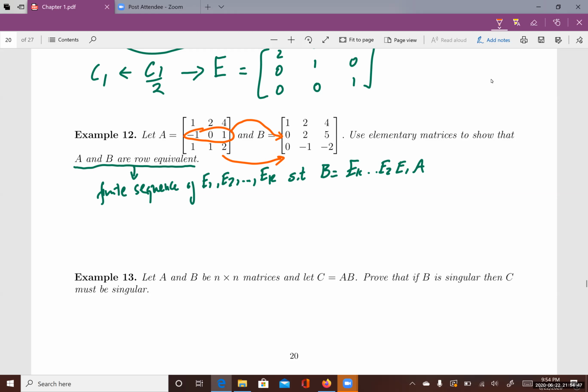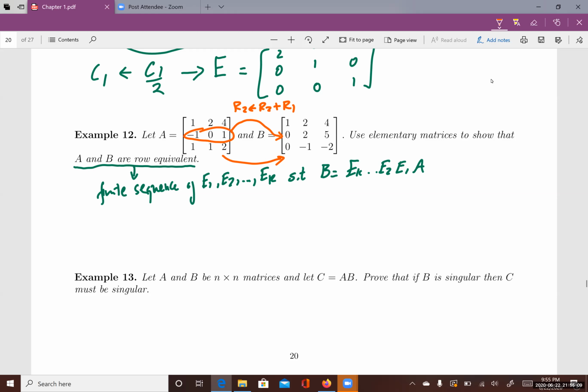That means you can take row 2 plus row 1, right? Because -1 plus 1 is 0. 0 plus 2 is 2. 1 plus 4 is 5. So that works.